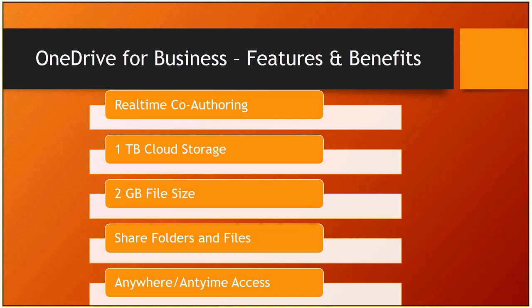But here is what you get. Every user, as part of your Office 365 service, gets 1 terabyte of cloud storage. Now, a terabyte, if you're not familiar, data is saved in file sizes: a kilobyte, a megabyte, a gigabyte, a terabyte.